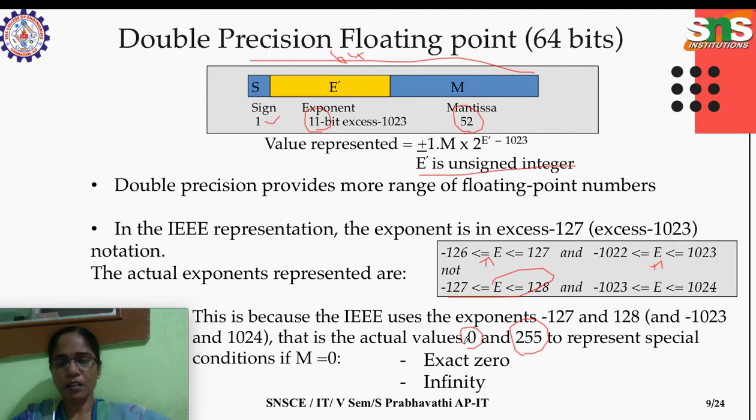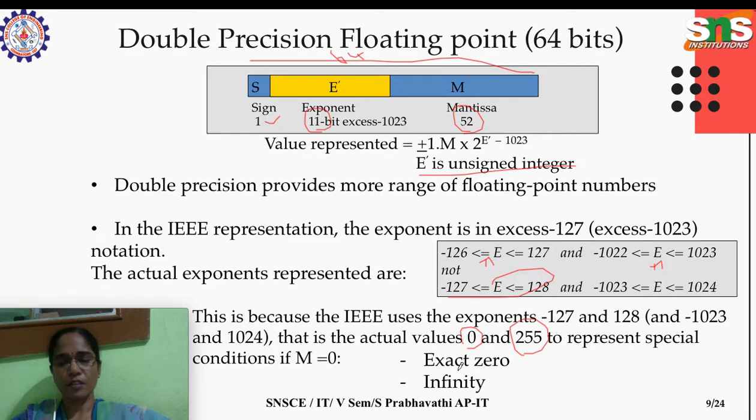If the exponent is like this and the mantissa is also 0, that has a special representation, such as exact 0 or infinity. In the next slide, I think we have a tabulation that will make this point clear. So if the exponent is all zeros, or all ones followed by this mantissa condition, those values are used for some other purpose, not for floating point representation.